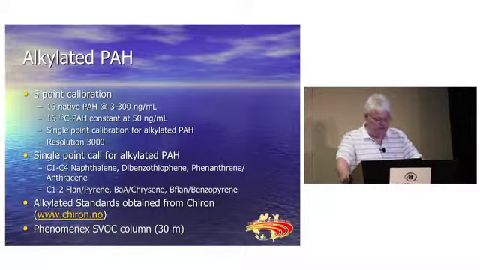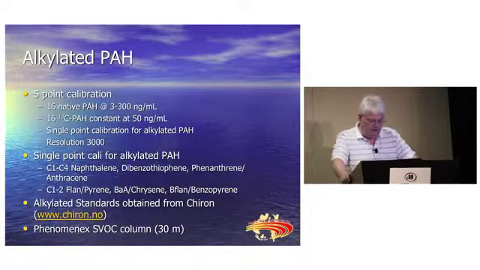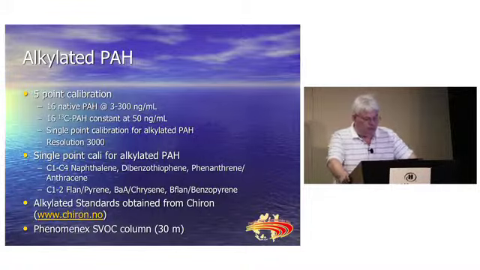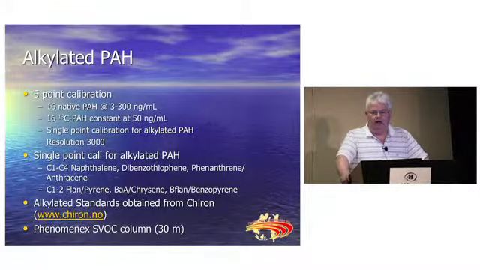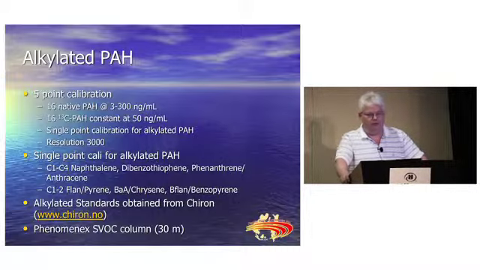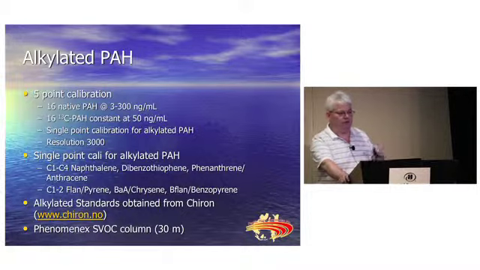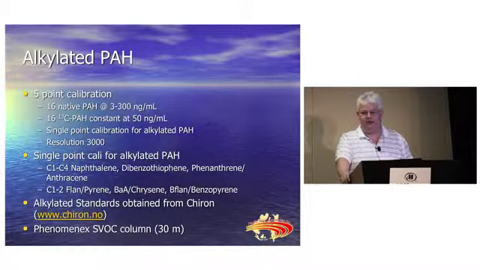The alkylated standards come from Chiron, and we used a Phenomenex SVOC column of 30 meters. When I say C4, that could be tetramethyl, could be diethyl, it could be dimethylethyl. You figure out the permutations, but C4 means you've got 4 carbons attached.